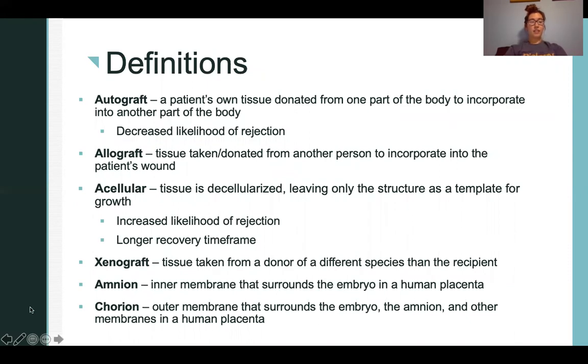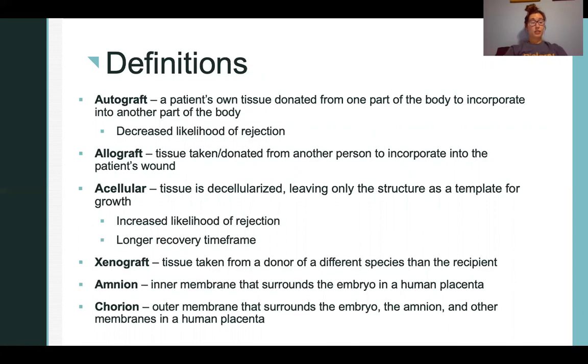Just some definitions. An autograft is a patient's own tissue donated from one part of the body to incorporate into another part of the body. The benefit of an autograft is a decreased likelihood of rejection. An allograft is tissue taken or donated from another person to incorporate into the patient's wound.